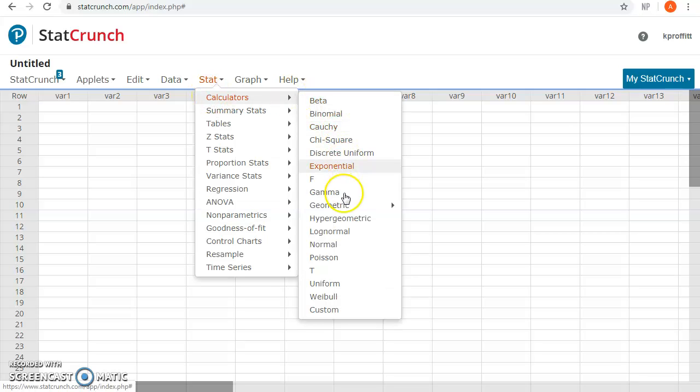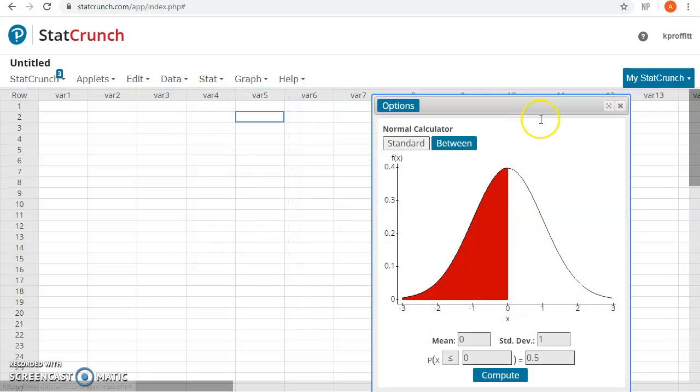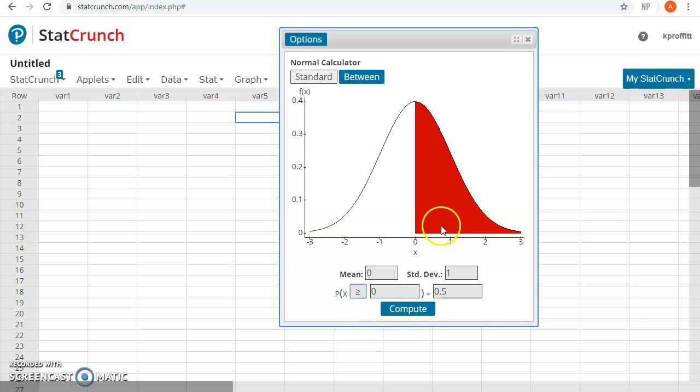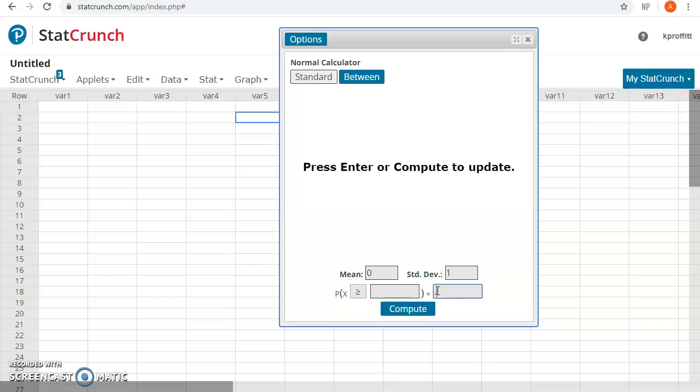Calculators, Normal, okay, and z sub alpha over 2 was z sub 0.005, so we're on a standard normal distribution curve here, so the mean is 0, the standard deviation is 1, and the z sub alpha over 2 is the area to the right that we're looking at, so make sure you've got the greater than, x is greater than, and the area is 0.005.